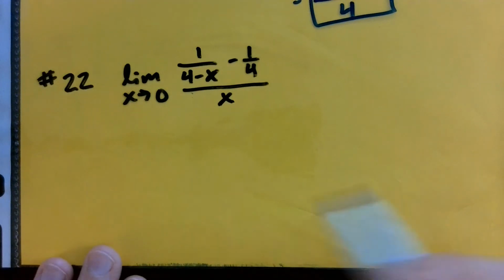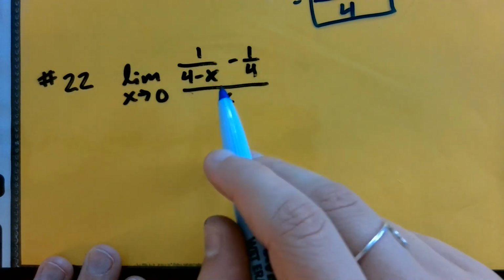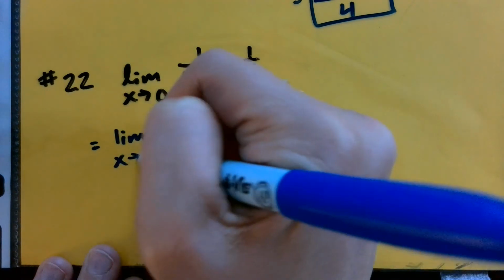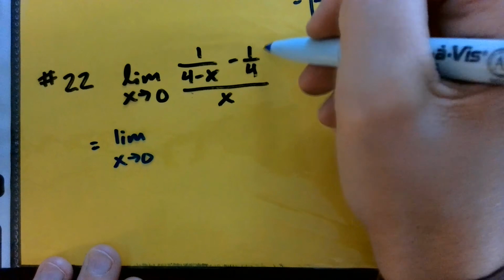For number 22, again, when I plug in 0 at the beginning, my 1/4 minus 1/4 is 0 over 0, so I can simplify it in some way, but it's not that factoring type and it doesn't have a radical in it. So something that I can do is go ahead and get a common denominator in the numerator and go ahead and subtract these two fractions and see what happens. So when I get a common denominator, this is going to be lacking that 4 minus x.